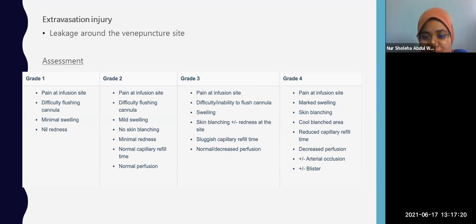In grade 1, there is pain, difficulty in flushing the cannula, and minimal swelling, however there is no redness. I think you can read by yourself about the grades of the extravasation injury. Why do we need to grade it? Because the management of the extravasation injury is based on the grade. Okay, next slide.